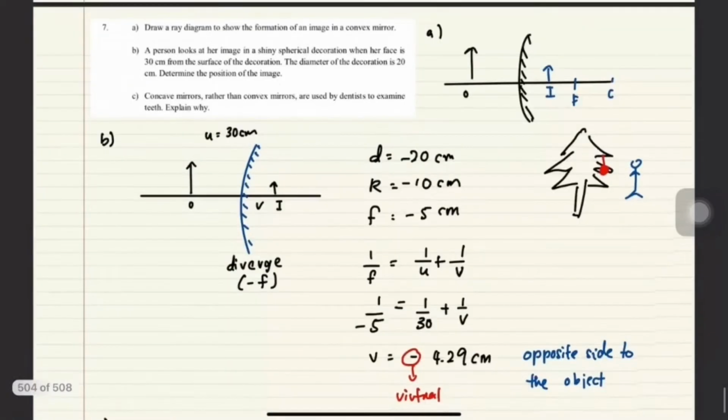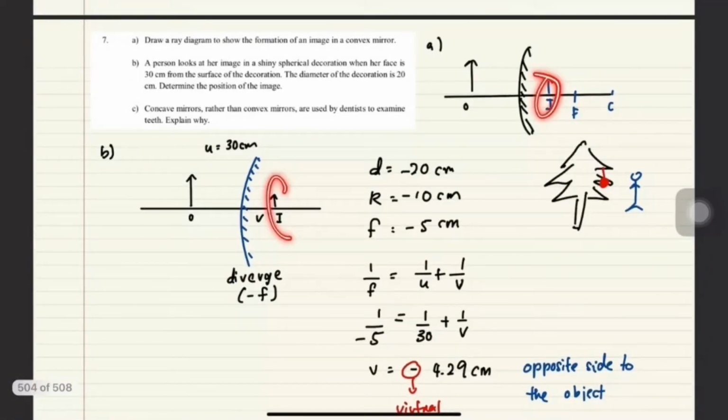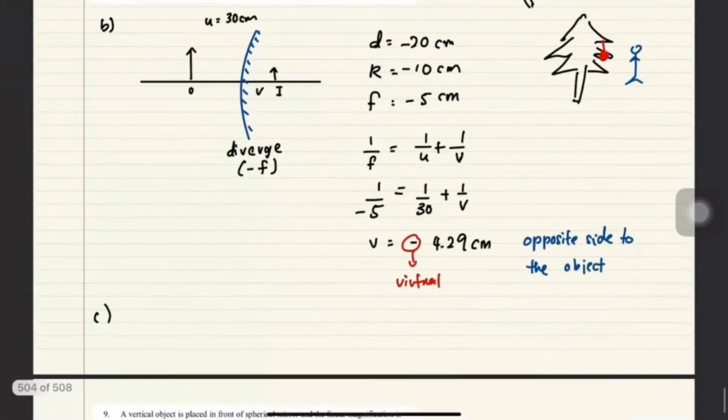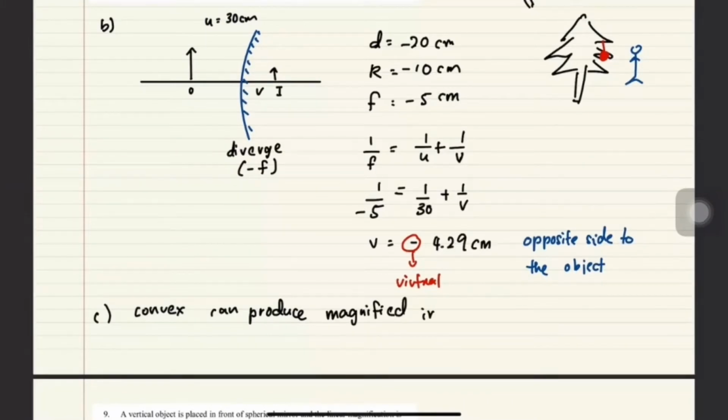Sebab convex punya mirror, image kamu sentiasa diminish. Okay? So, you can answer that by answering concave can produce magnified image. Okay, lagi satu karakteristik sebenarnya adalah upright.